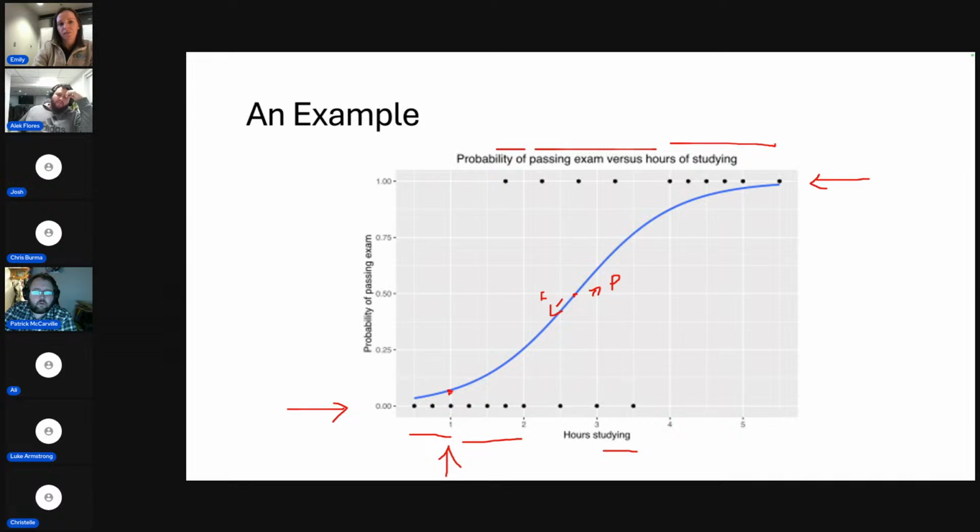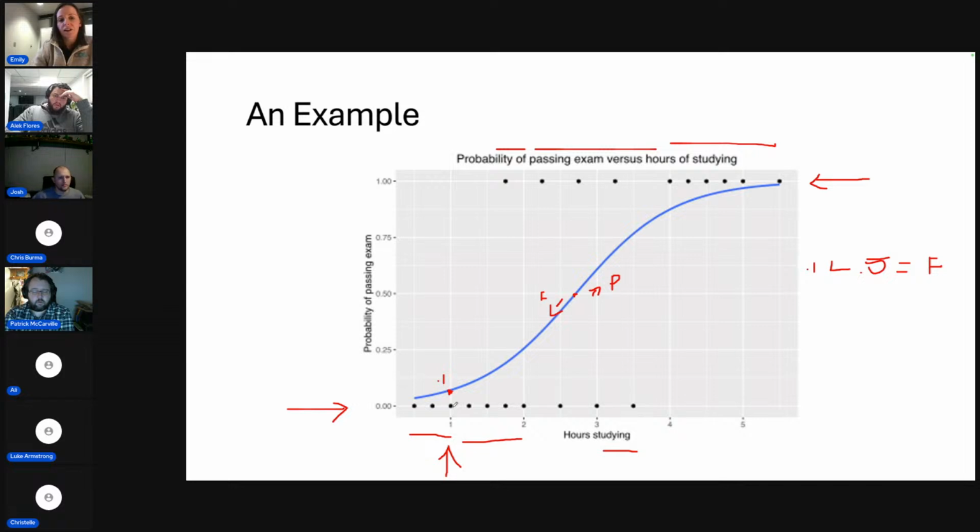We map it to this line here, and maybe that's like 0.1. So they have a 0.1 probability of passing the exam. Since 0.1 is less than 0.5, we predict that they're going to fail. That's our prediction, and in reality, they did fail.